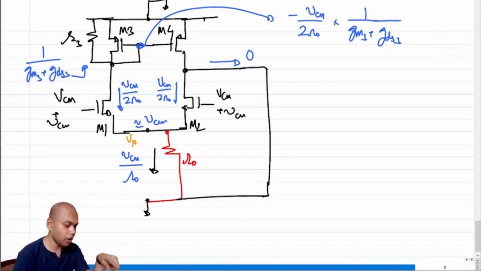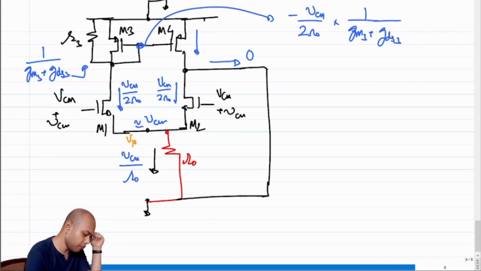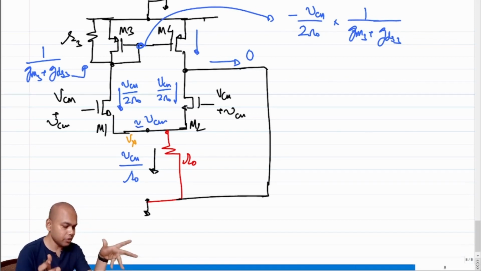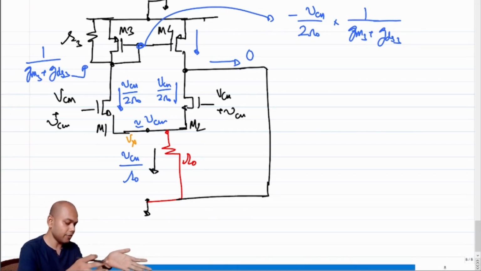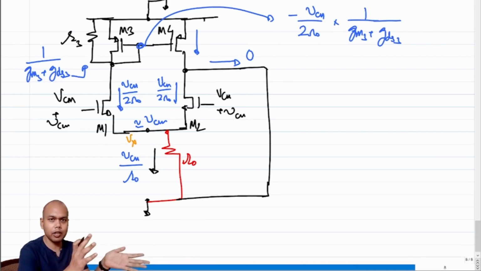So the reason I am not neglecting GM3 is the following. If we neglect GDS3 with respect to GM3, what will be the current through M4? The current through M4 will be GM3 times this, correct? GM3 times this in the direction pointing down, right? GM3 times this, including the negative sign, in the direction pointing up.